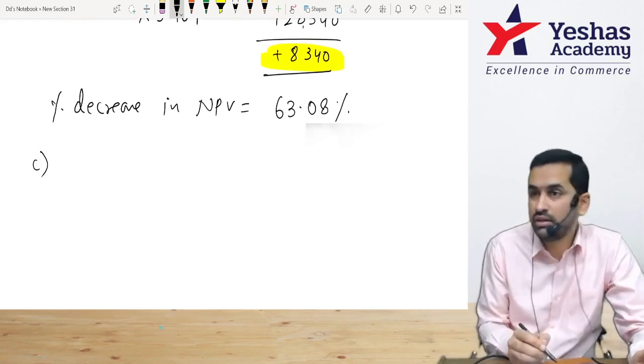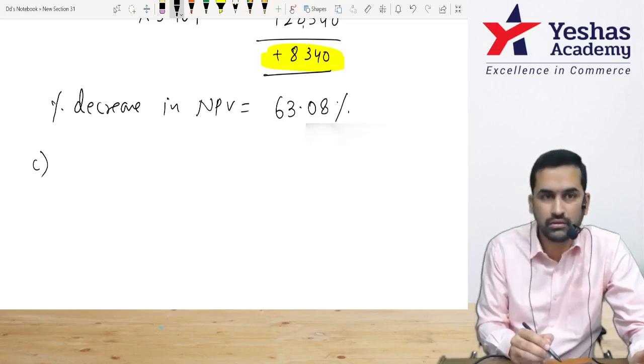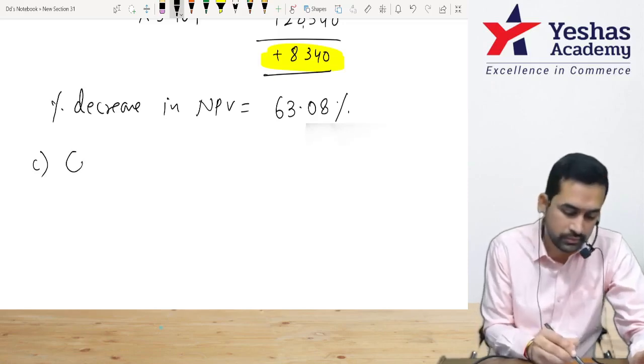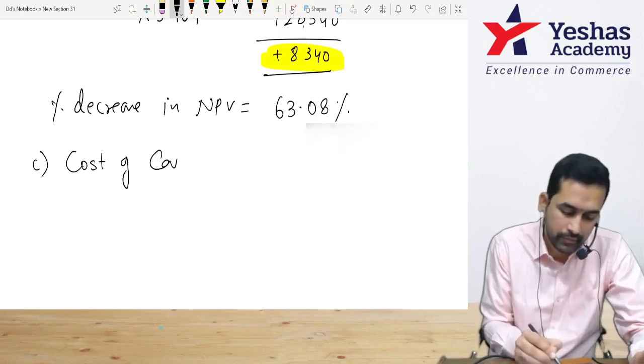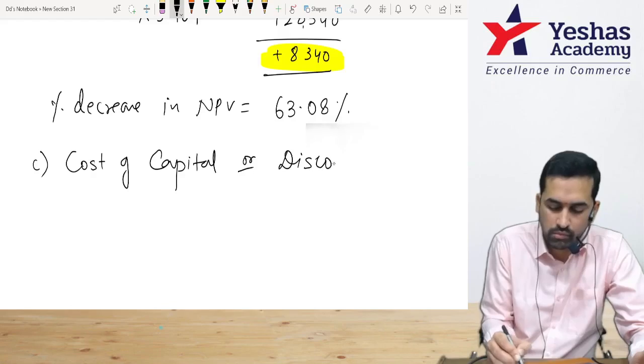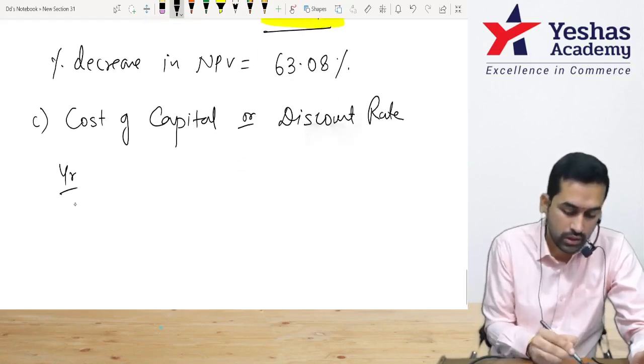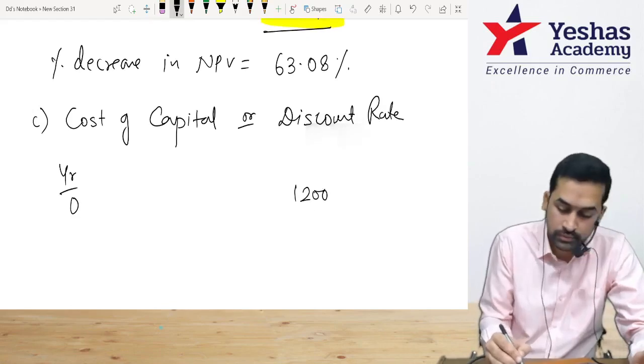As per the question, one more factor is cost of capital or discount rate. Year 0, no change.